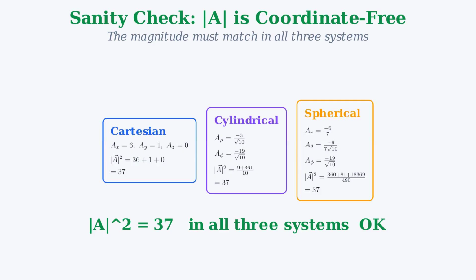In spherical, 36 over 49 plus 81 over 490 plus 361 over 10. Common denominator 490 gives 360 plus 81 plus 18,369 equals 37. All 3 match exactly. That is the physical meaning of a coordinate transformation. You have rotated the viewing angle, but the thing itself has not changed.